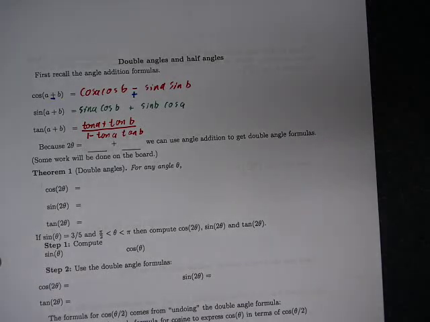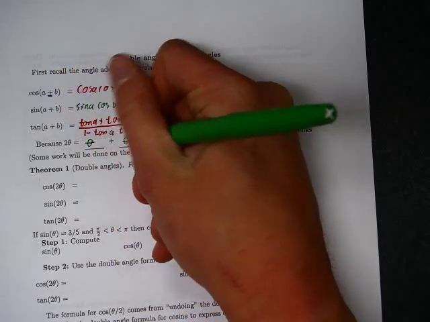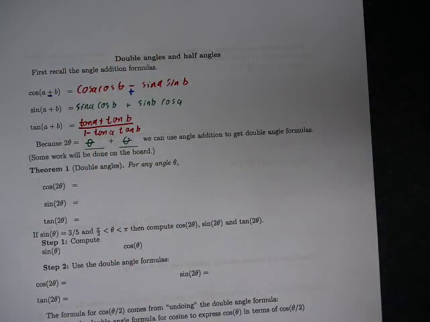Now, we did hit this a little bit last time. If you have a formula that says what happens when you add angles, well, 2 times an angle is just that angle plus itself. So we should be able to get a double angle formula, because 2 times an angle is just that angle added to itself.